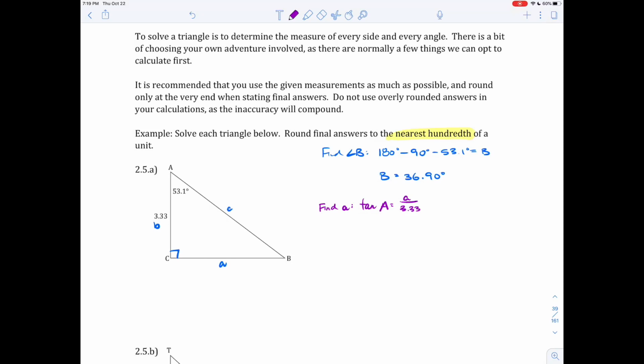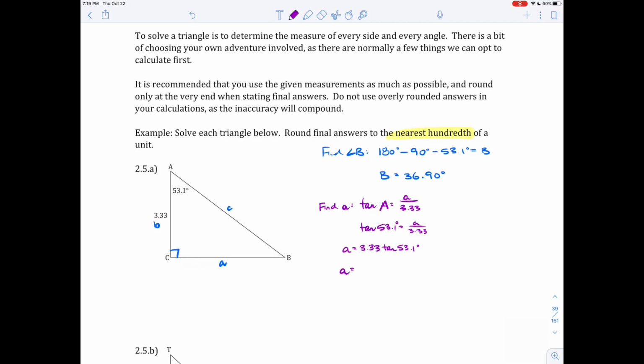Actually, yeah, sure, I can say that. So tan of 53.1 is A over 3.33. A is 3.33 tan of 53.1 degrees. Don't forget that. Which gives A a value of, according to the calculator, 4.44. Oopsie daisy, that's not the tool at all.